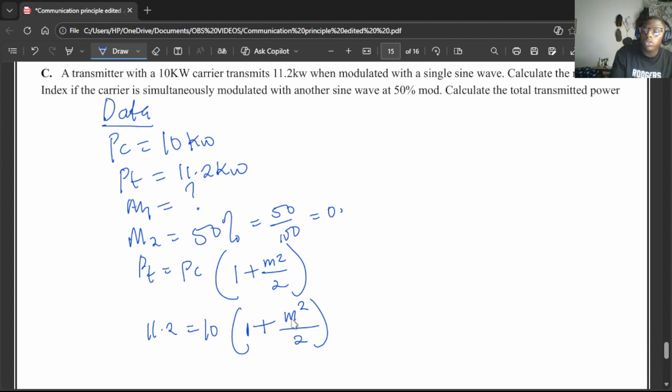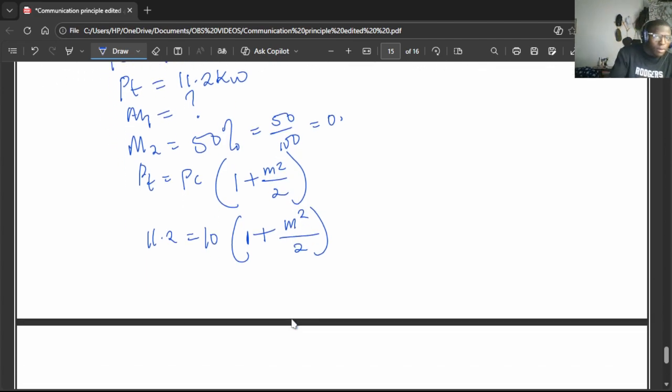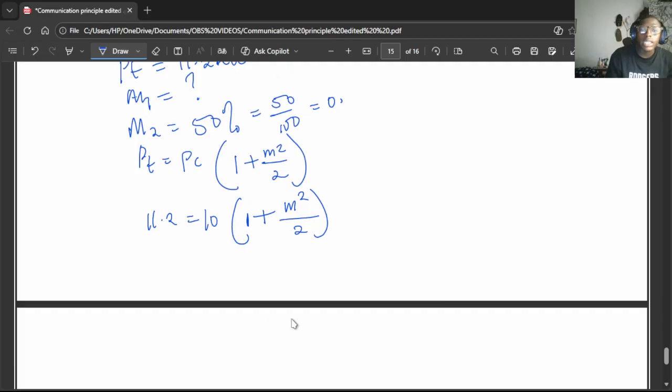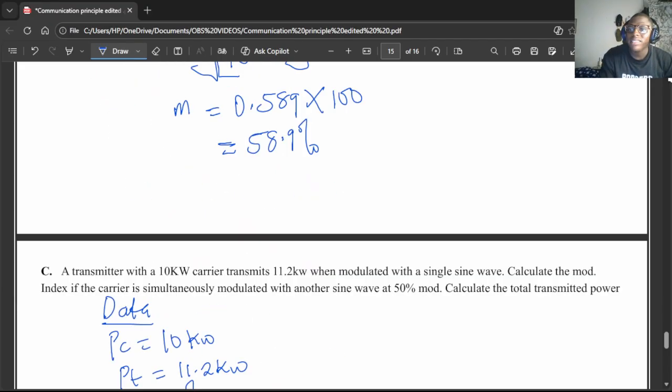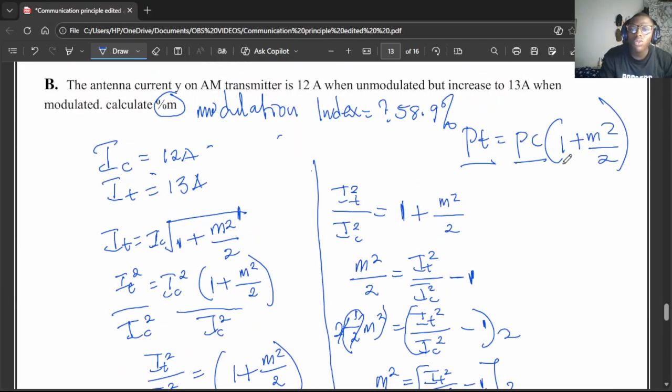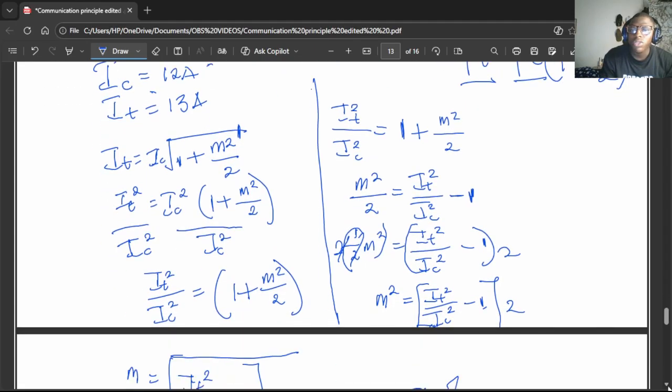Now, making M the subject here, what do you think we are going to do? Remember, we did something similar like this. So why don't we just go over what we did? Impute your values and you get what your M is. Now remember, what is this?